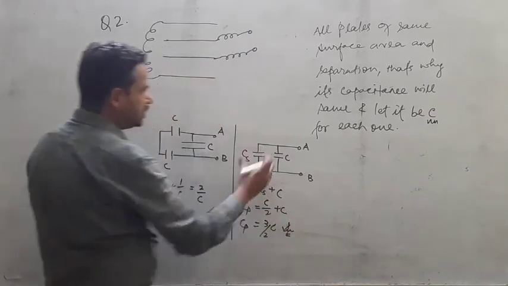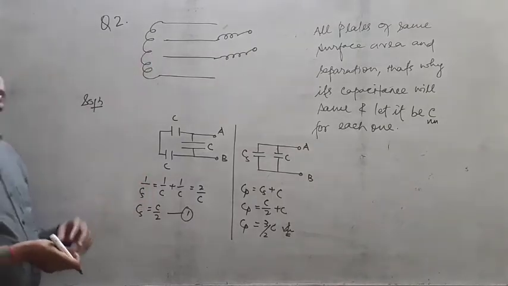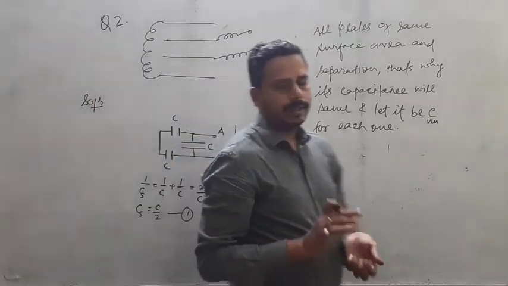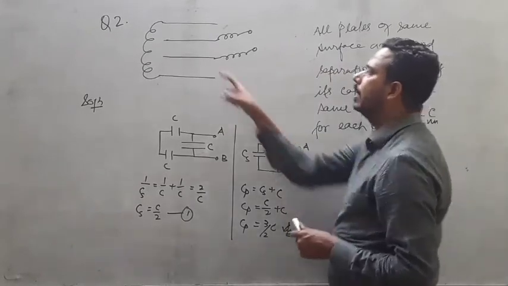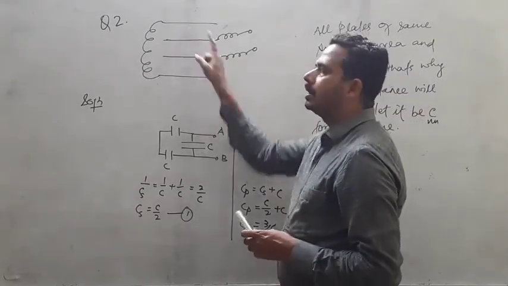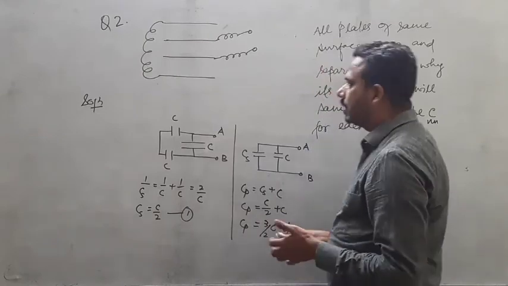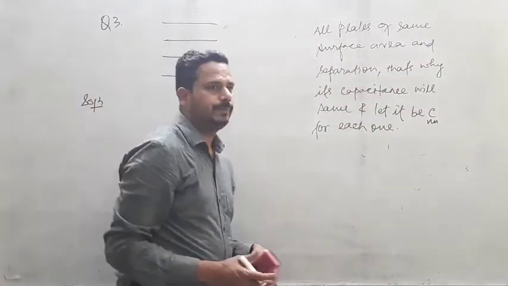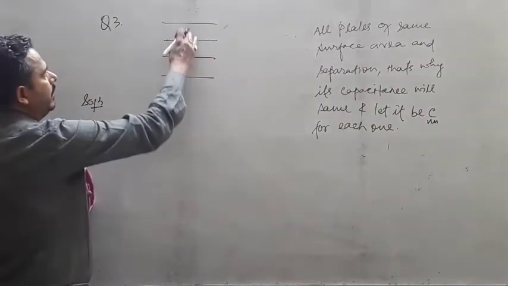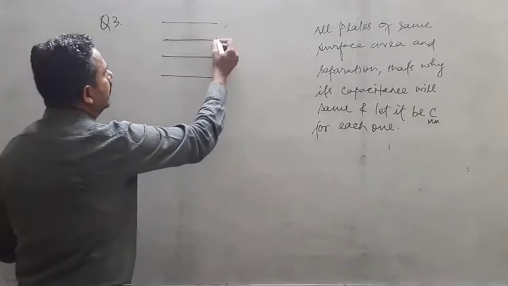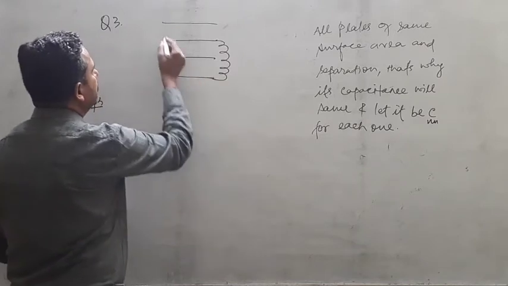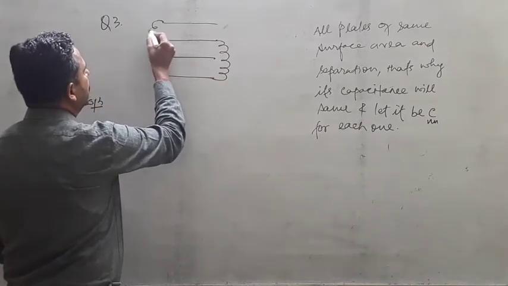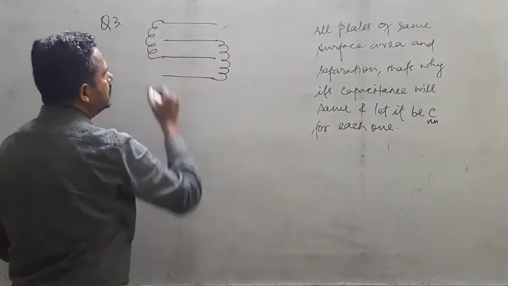So you can solve this kind of question like that. But for solving this, you need to keep in mind that every space is a capacitor. Now I am going to take another combination like this. This one is one more combination.